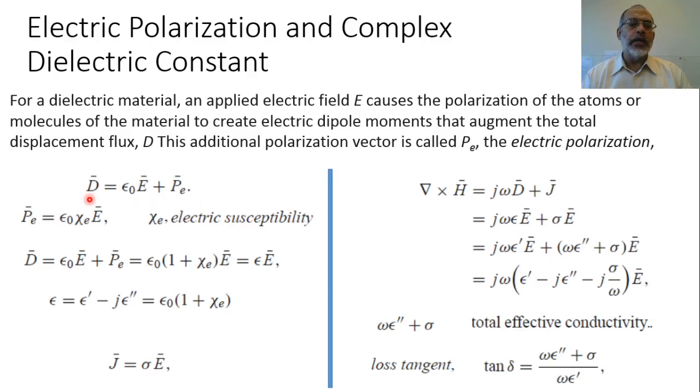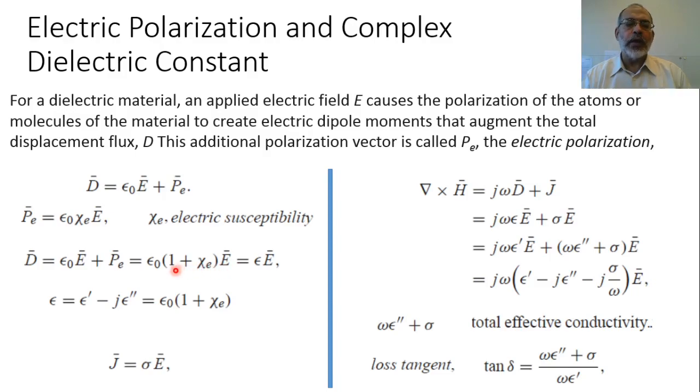So the total electric flux density inside the electric material can be represented as epsilon naught E plus the polarization. So the polarization is epsilon naught xi E. So in this case, the total electric flux density D would be epsilon naught multiplied by 1 plus xi, multiplied by the electric field.